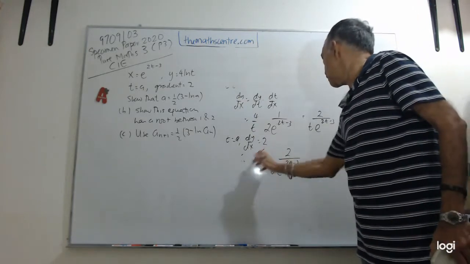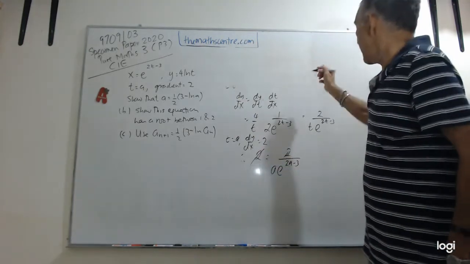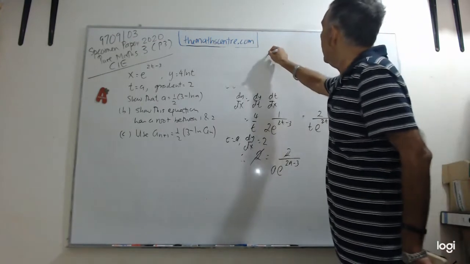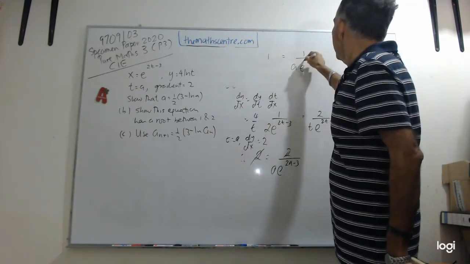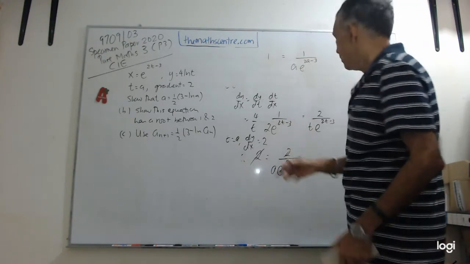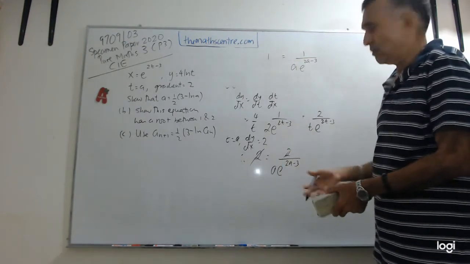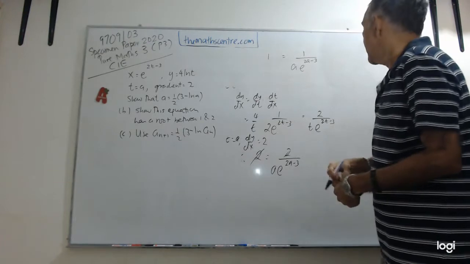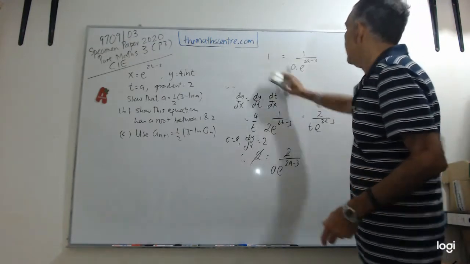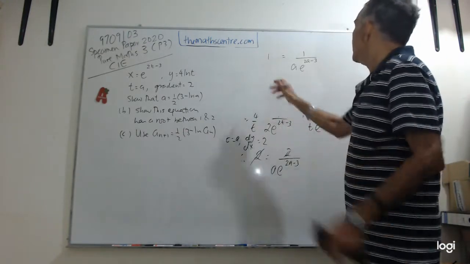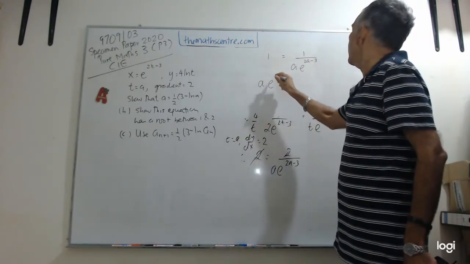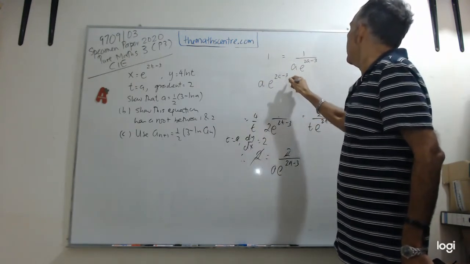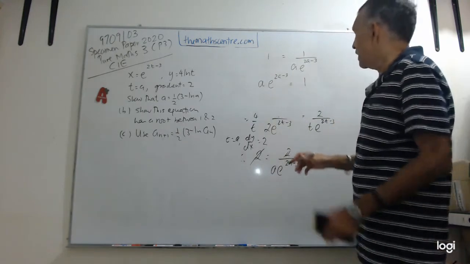This is 2 and 2, so we can have 1 equals 1 over a e^(2a-3). We can cut short the working, but let's just do it properly. Okay. So now we are almost done. So I have a e to the power of 2a minus 3 equals 1.